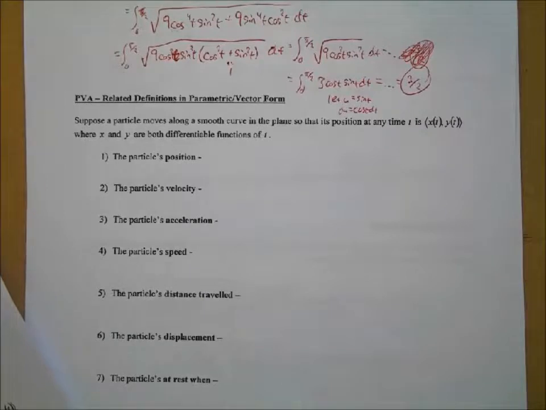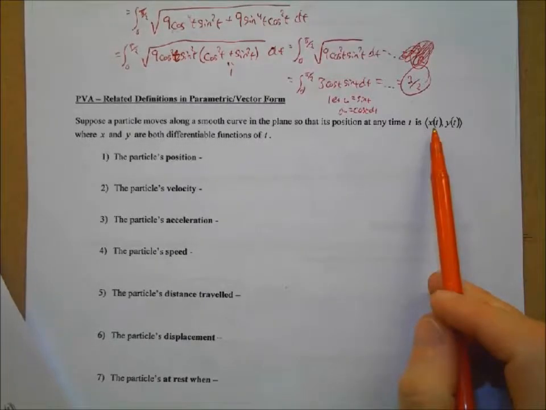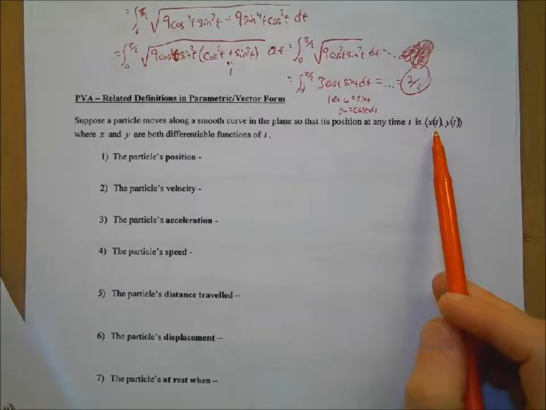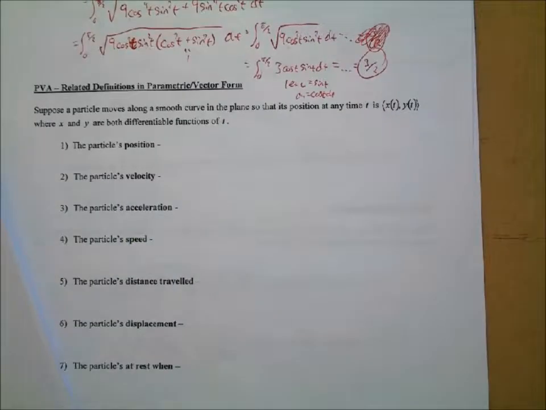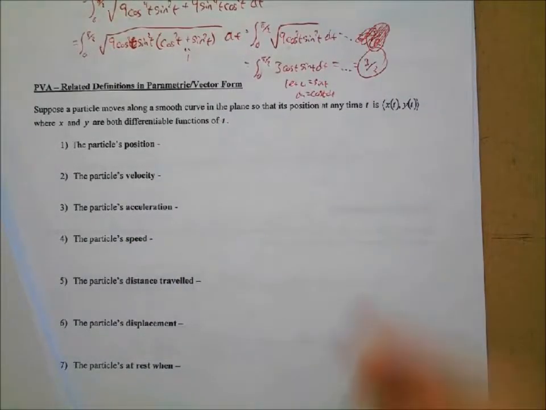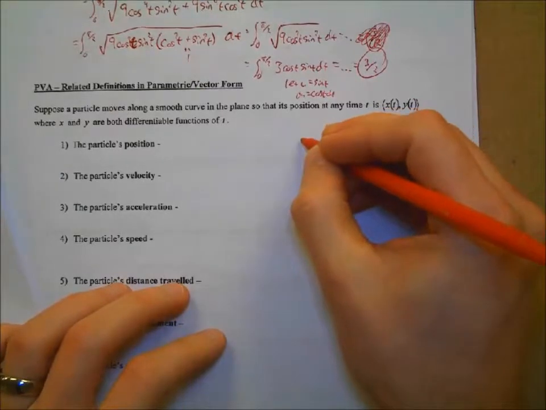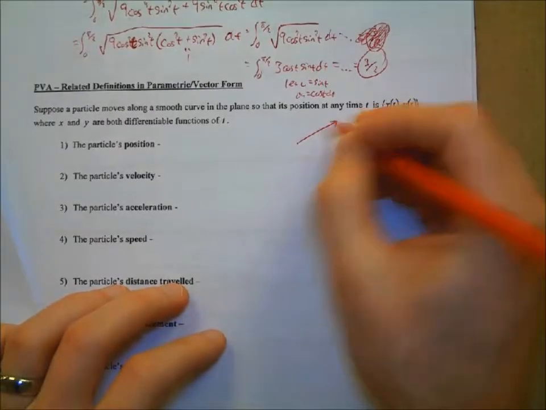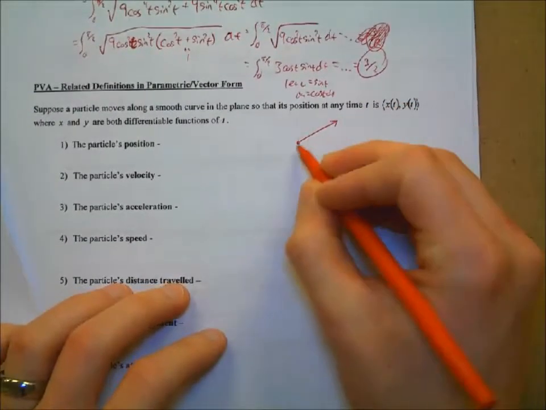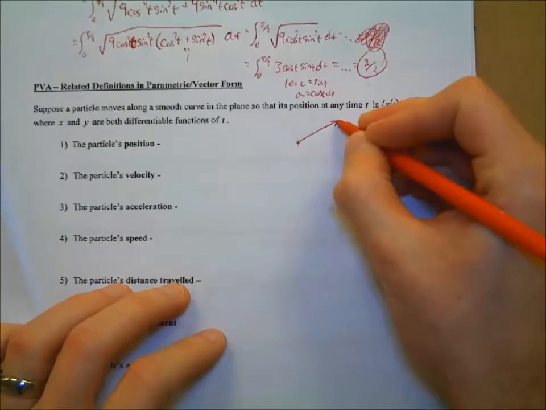So essentially, to make this really simple for ourselves, all we're doing is rewriting what we normally see as parametric equations, two separate things, and putting them together as a single object, a thing called a vector. A vector is important because it has a starting point and a stopping point.